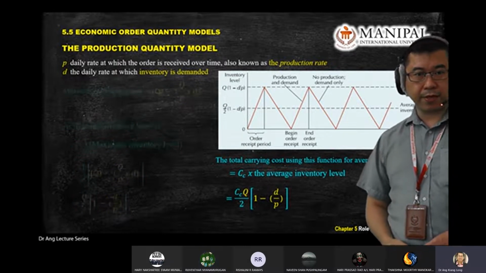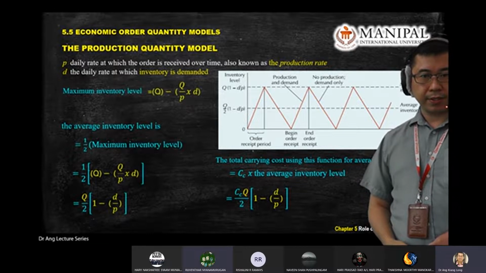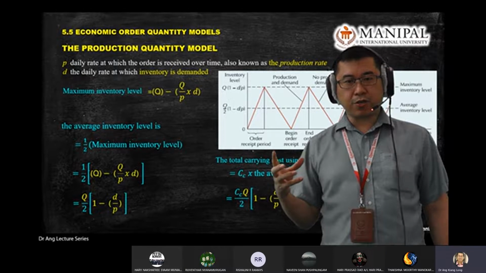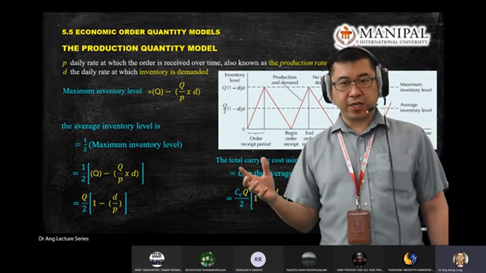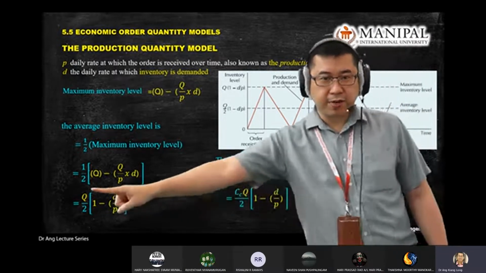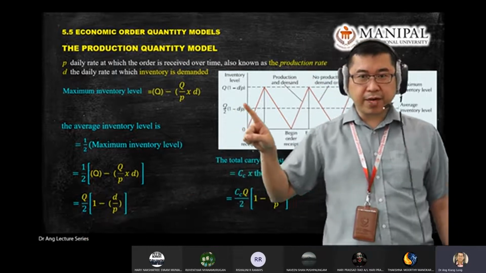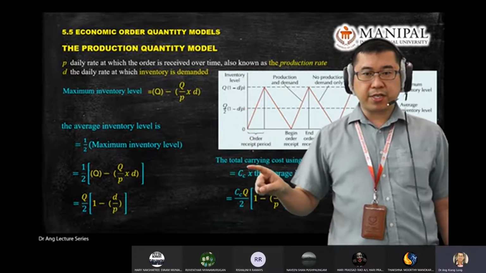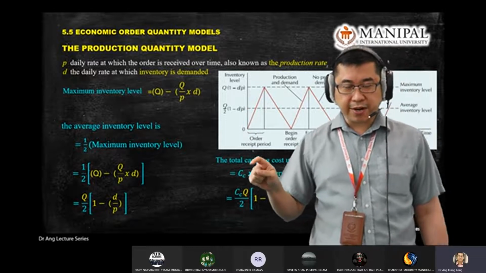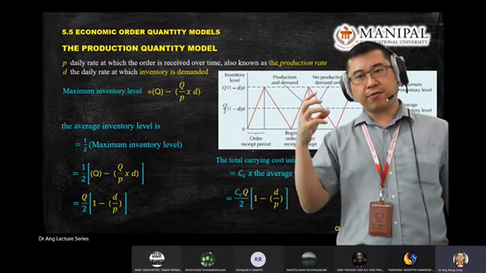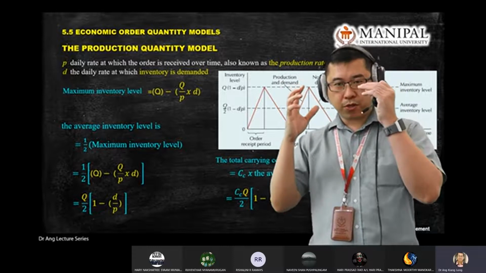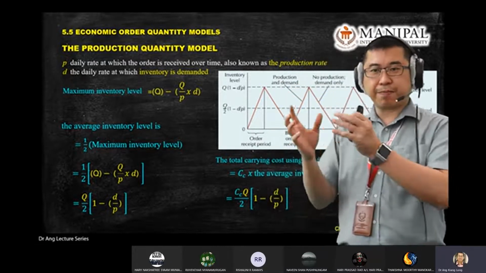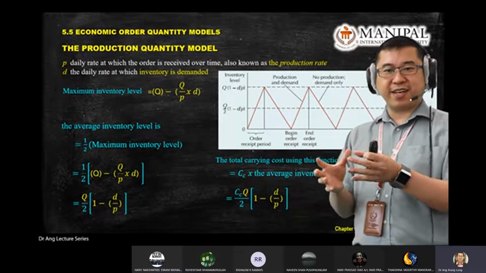So the CC is given in the table. CC is the cost, for example, a cost per unit, because you calculate per unit how many you have in your inventory. So you're given CC, the carrying cost per unit. For example, you put a machine in your inventory, there's a parking fee.